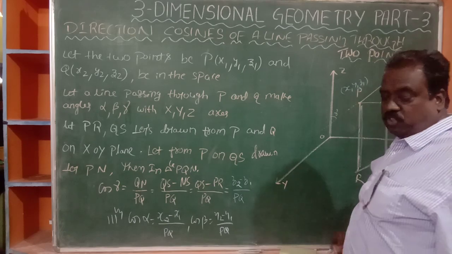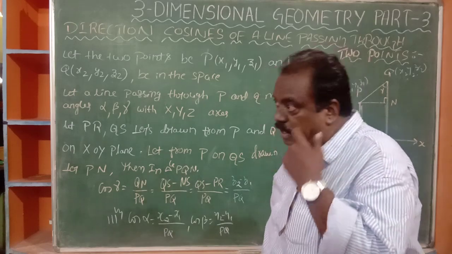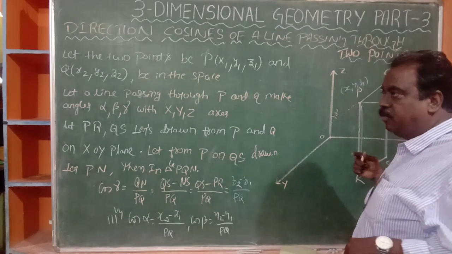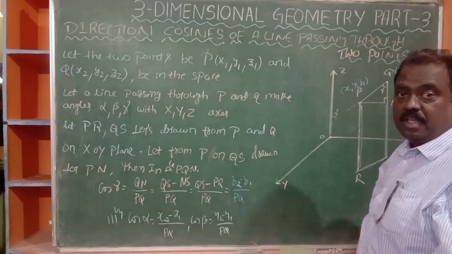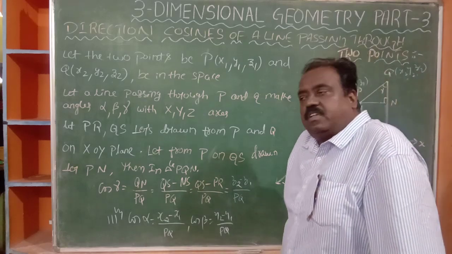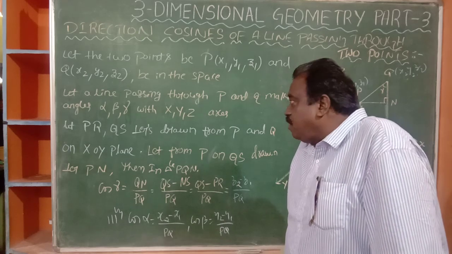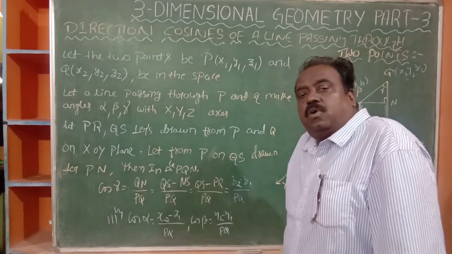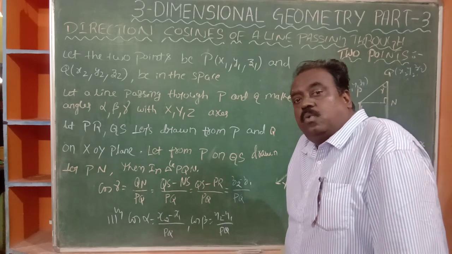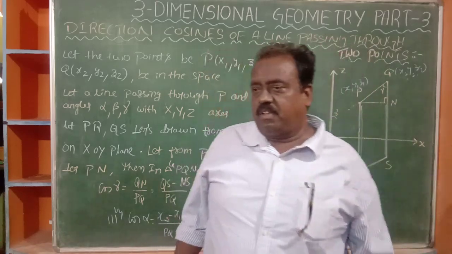What we learned means direction cosines of a ray, like OP line, OA line, OR line, OS line, just like that is a ray. We find the DCs. We discussed about DCs of a ray. Ray means also line. Whereas now we are going to find the DCs of a line passing through P and Q.